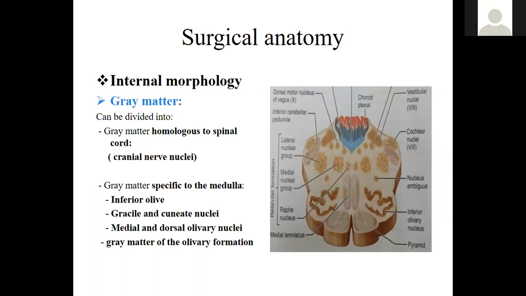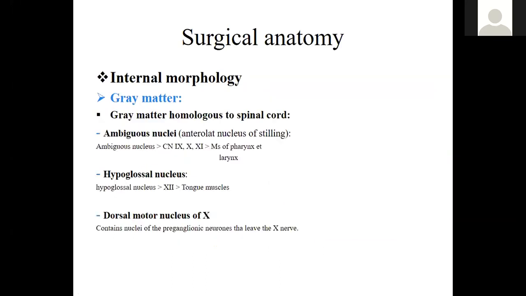At the level of the medulla there are some cranial nerves, and then gray matter specific to the medulla oblongata. Precisely here we're talking about the inferior olivary nucleus here. We're talking about the gracile and cuneate nuclei. We're talking about the medial and dorsal olivary nuclei and the gray matter of the olivary formation.